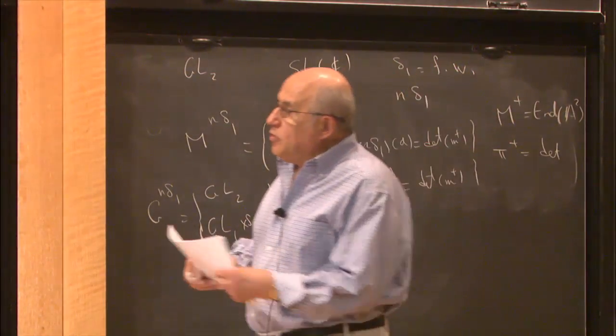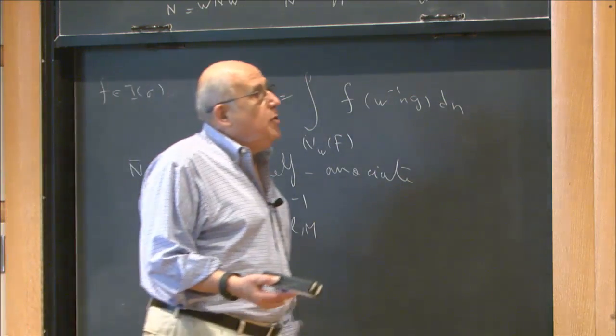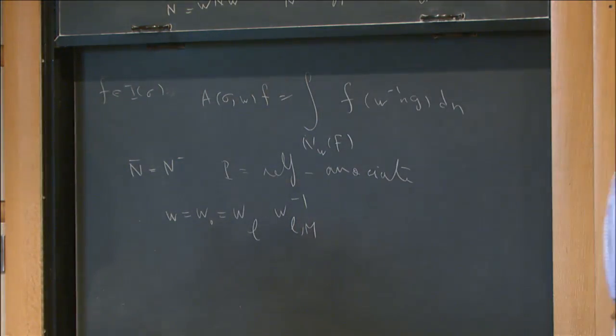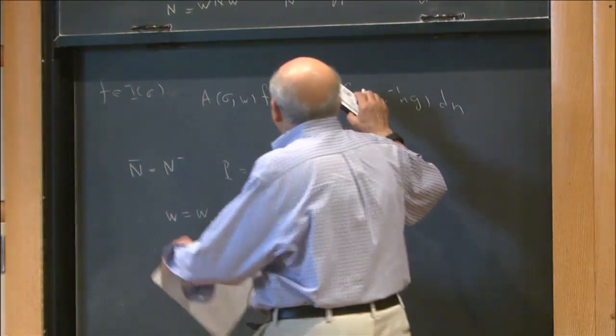Now I want to go to the cases where we have examples that these things are computed and where the Fourier transform is really defined. The best examples that we have go back to Piatetski-Shapiro and Rallis, the doubling method.